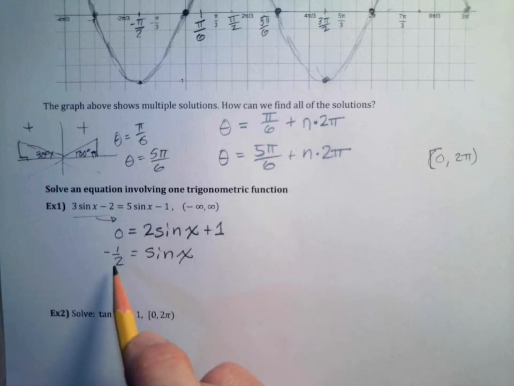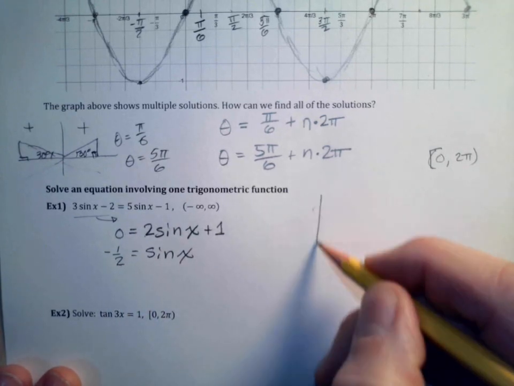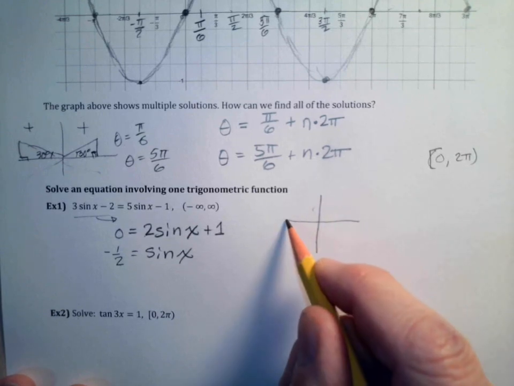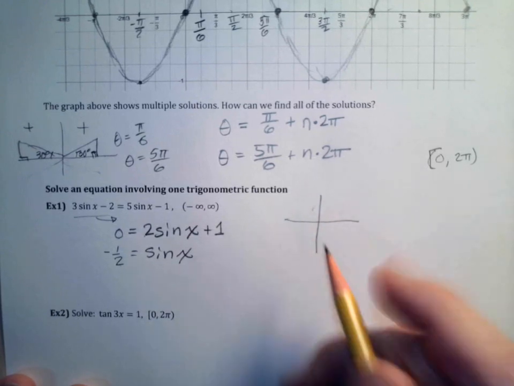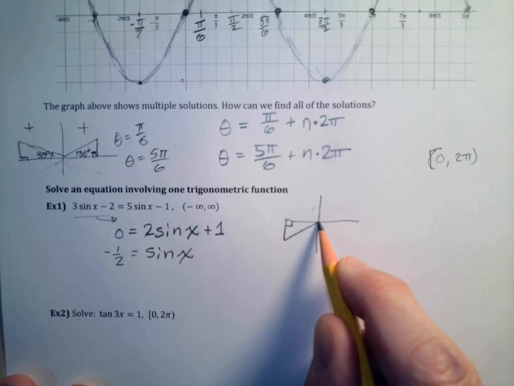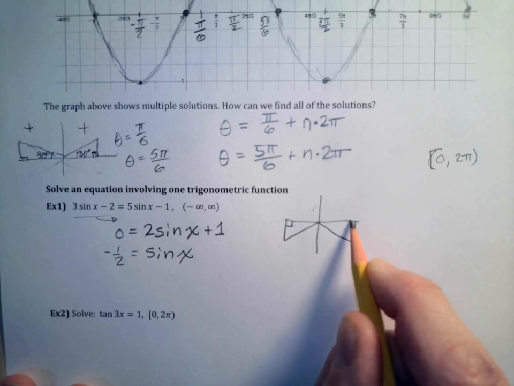And then we want to think about, okay, sine. Where is sine negative? Think about an xy coordinate plane and say, okay, we know that sine is negative in the 3rd and 4th quadrants. So something like this and something like this, right?